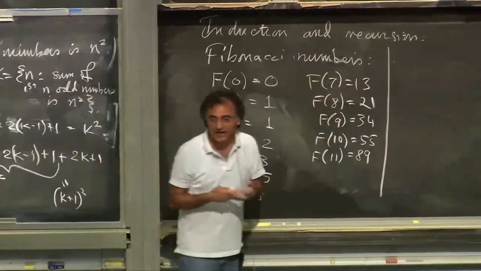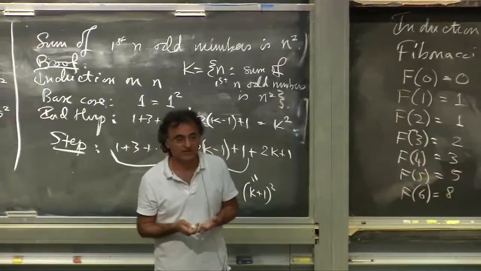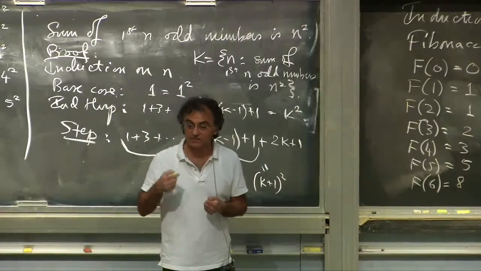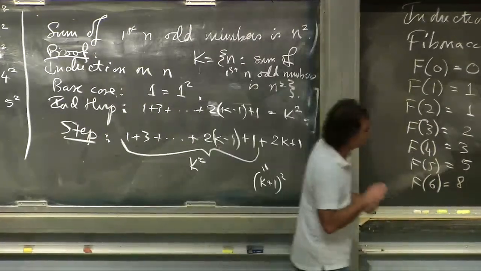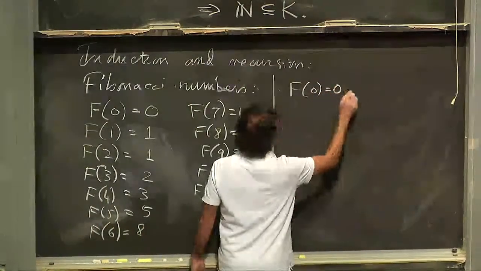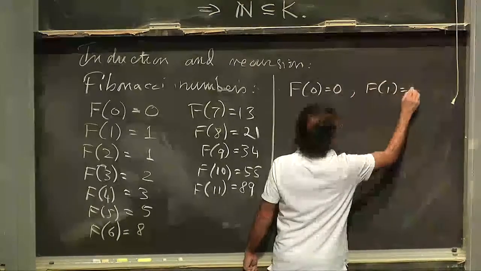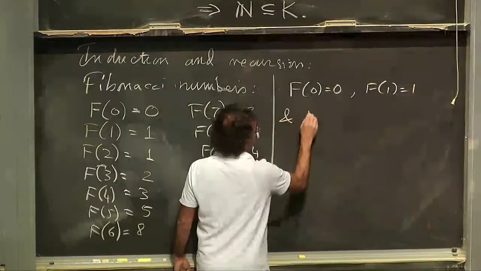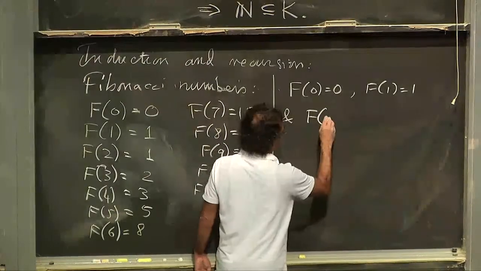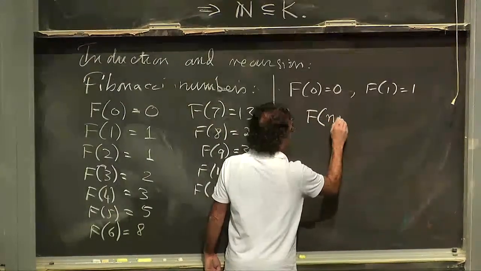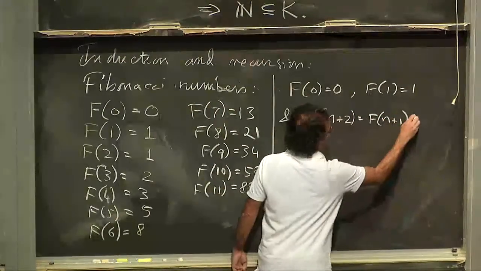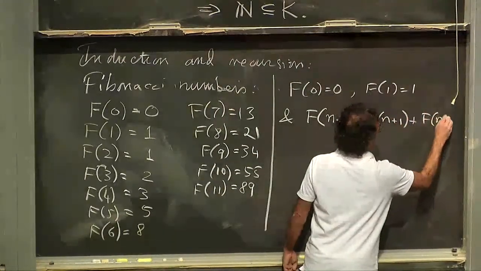Now, if you write out how the Fibonacci numbers are defined, it's clear it's a recursive definition, right? Because what are we saying? We're saying f of 0 equal to 0, f of 1 equal to 1, and f of n plus 2 equal to f of n plus 1 plus f of n.